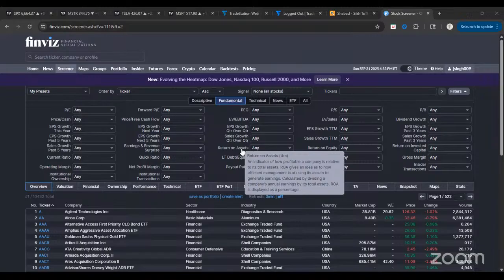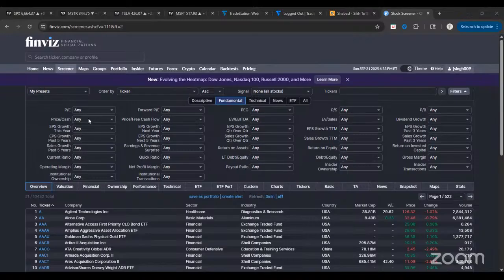ROA gives an idea as to how efficient management is at using its assets to generate earnings. Calculated by dividing a company's annual earnings by its total assets, ROA is displayed as a percentage. Let's say you don't understand any of that. Again, profitable is the word you do understand, and that's all you need to know.